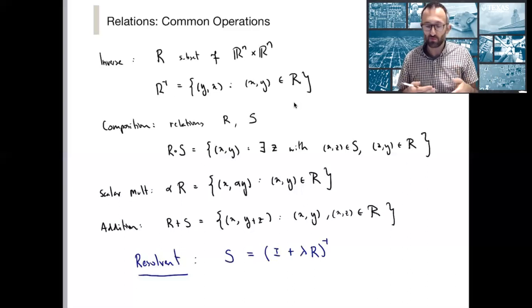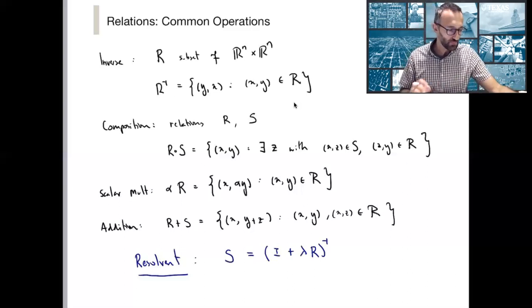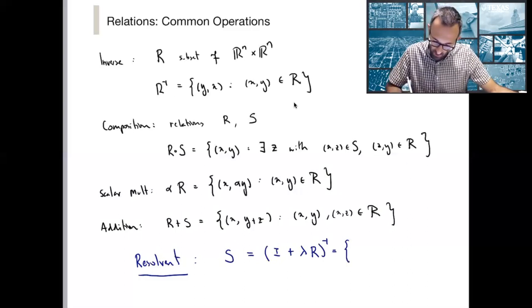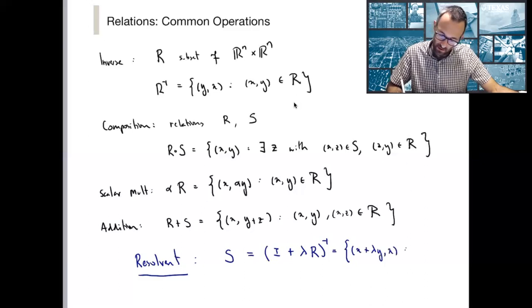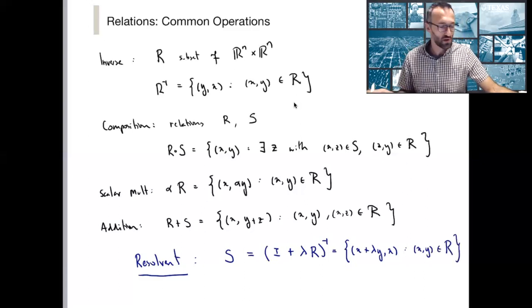We've defined the inverse, scalar multiplication, and addition. Let's put it all together. This is the subset of Rn cross Rn of all things of the form x plus lambda y comma x, such that xy belongs to R. Again, a relation.